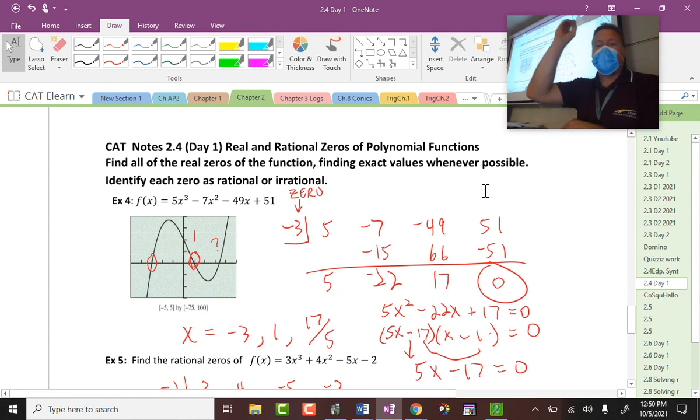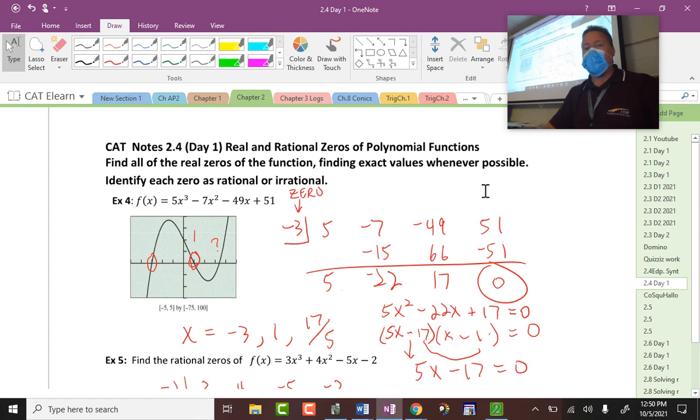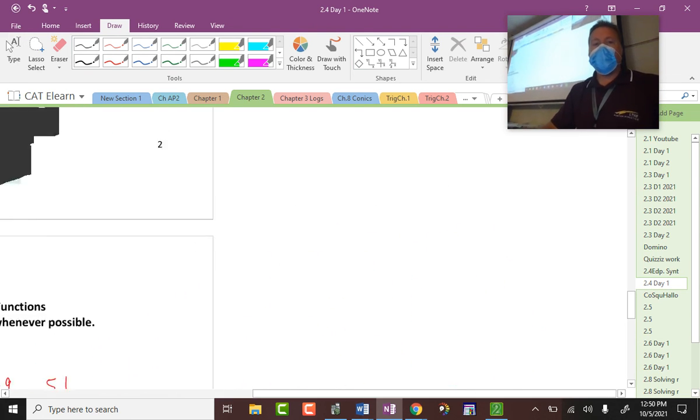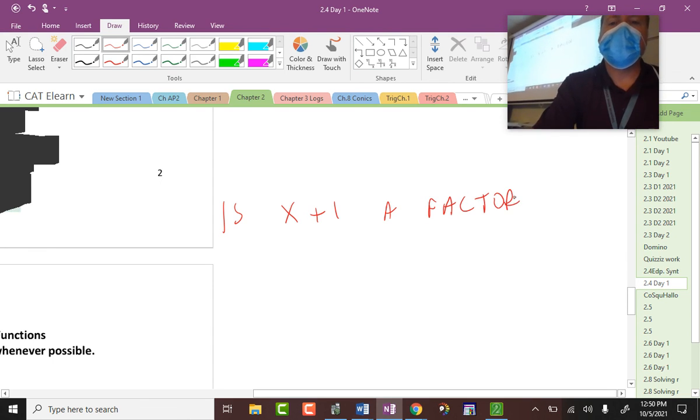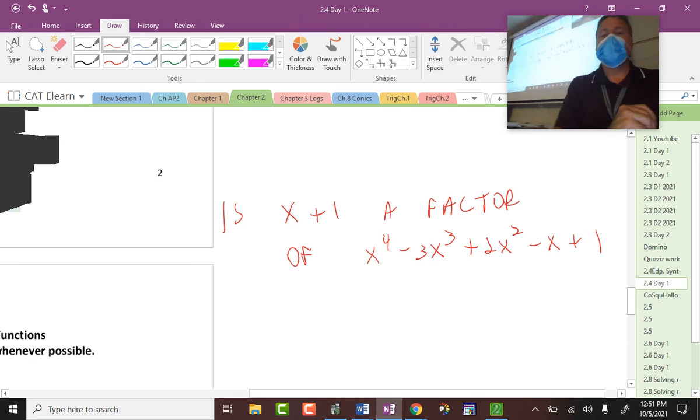Oh, I'm sorry. One more thing. Your homework actually says determine if, I'll just make one up, x plus 1 is a factor of, and then I'll just make up x to the fourth minus, this would be a miracle if this actually works, plus 2x squared minus x plus 1.